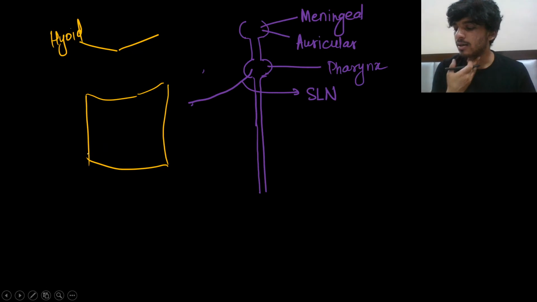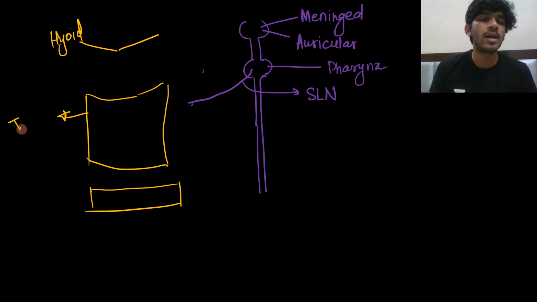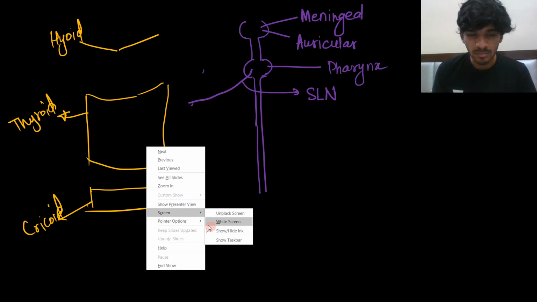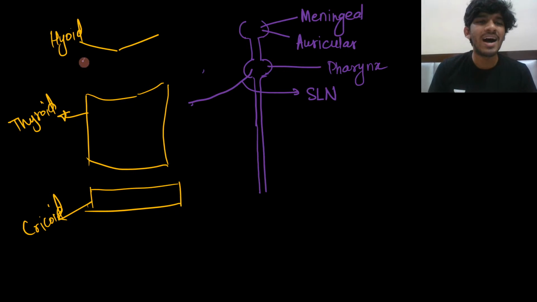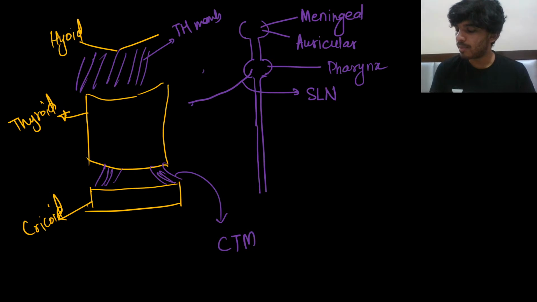All right, so you have a thyroid cartilage in your larynx, the one that is palpable here, and then you have a cricoid cartilage, right? So this is the anterior lamina of the cricoid cartilage. In between, here you have what is known as the thyrohyoid membrane, and here you will have a few muscles which are known as the cricothyroid muscles, right?